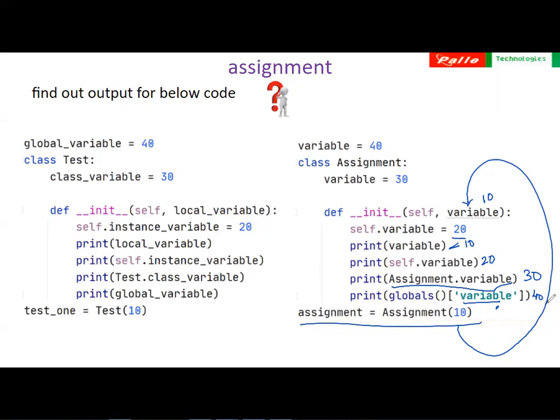But you have to be very careful when using local and global variables. Apart from that, it is very clear, because for an instance variable we access it using self or the object dot. For the class variable, directly through the class name. Now let us see the same example inside our PyCharm editor.